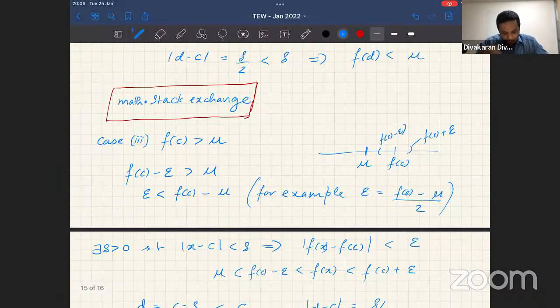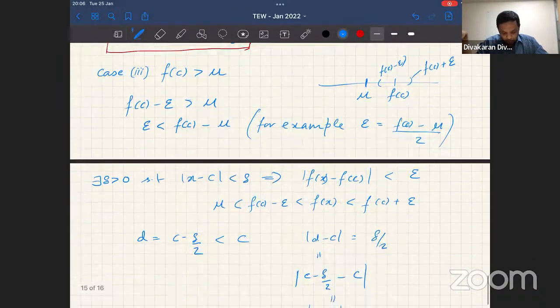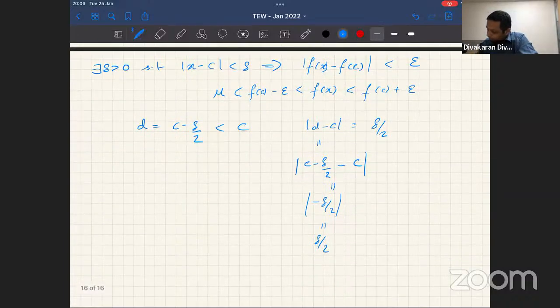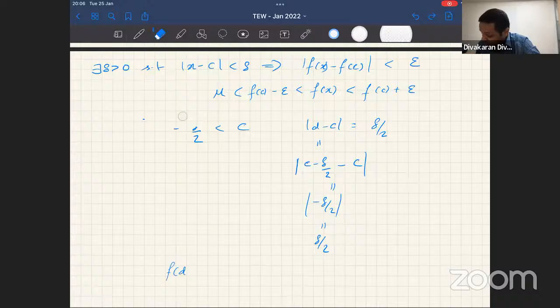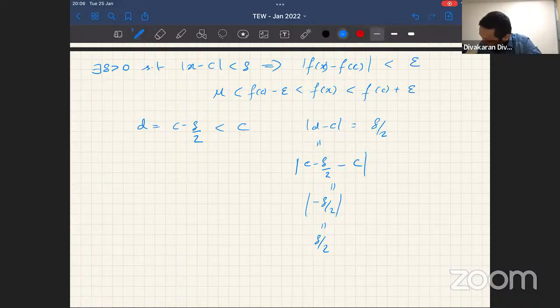f of c is less than mu. Actually, we should do something else. Notice something: suppose x belongs to (d, c).